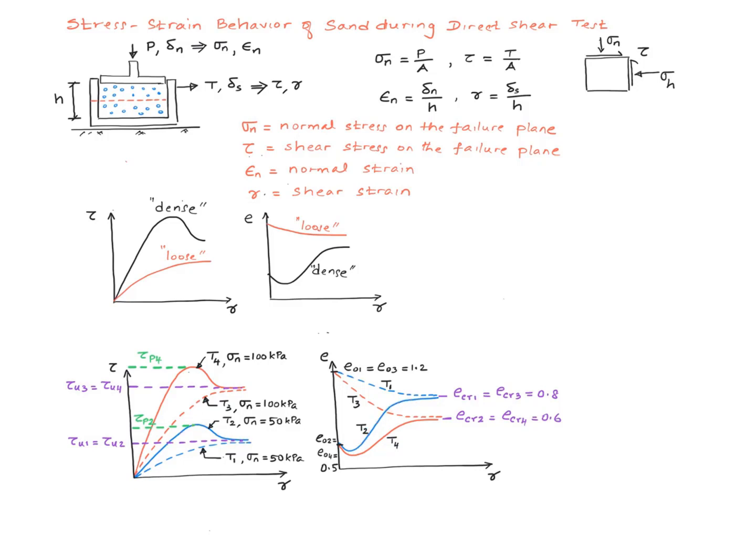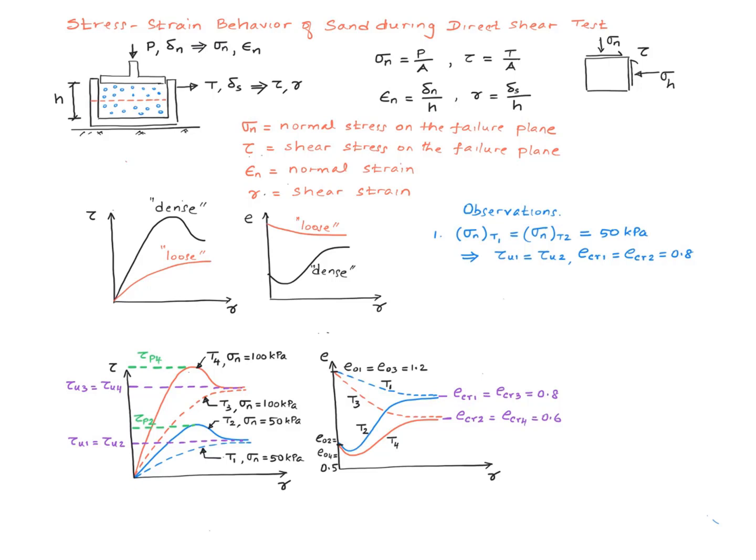The one with the higher initial void ratio behaves like a loose specimen. So what else do we see? Two things. Number one, they both reach the same ultimate failure stress. So tau u1 equals tau u2. That's number one. Number two, both of them reach the same final void ratio, which is what we call the critical void ratio, right?